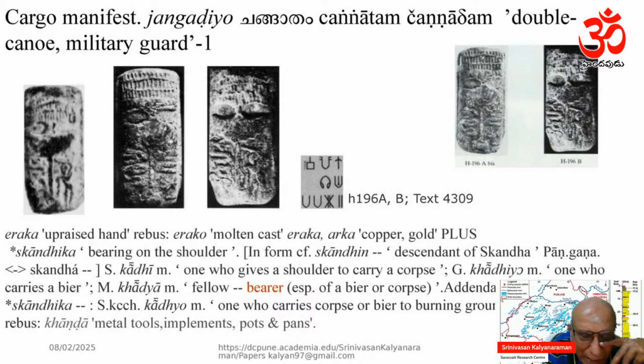Kanda, kandi, one who gives a shoulder to carry a corpse. Kanda, simple sounding word, means metal equipment. So the carrier is dealing with metal equipment of copper and gold. And he is carrying these two joint parts of the portable kamartamu plus the lathe on top or a basket on top. Next please.